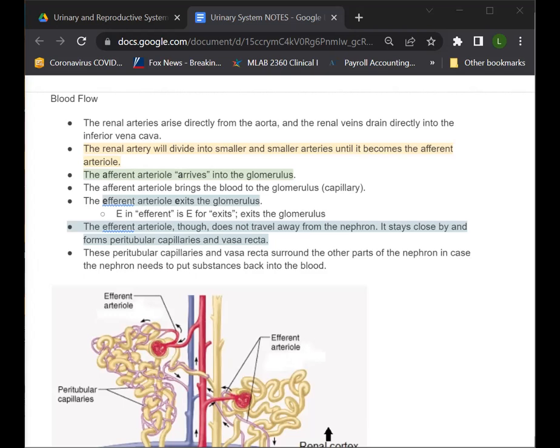Okay, and then the glomerulus is going to filter the blood. And then exiting the glomerulus is going to be the efferent arteriole. So for the efferent arteriole, we can think E is for exiting. So it's going to exit the glomerulus.